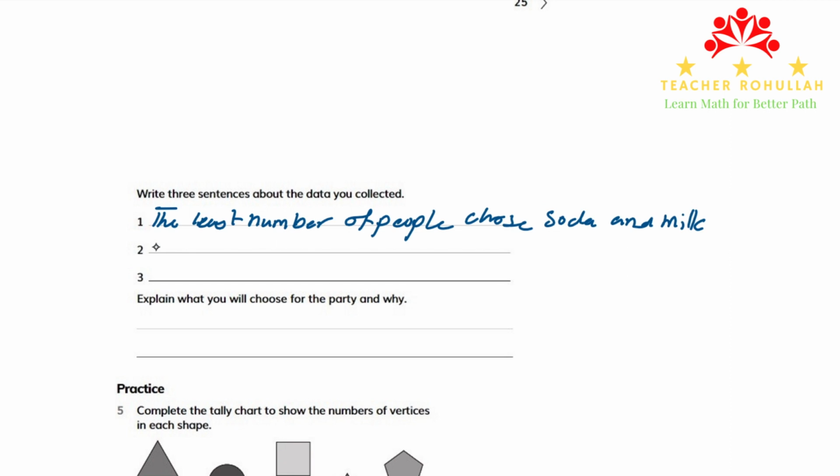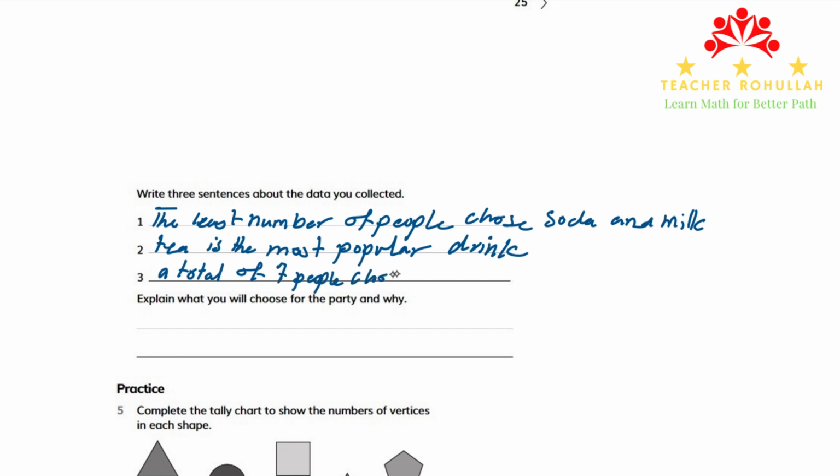The second one, tea is the most popular drink. And for the third one, I can say a total of 7 people chose tea and fruit juice.